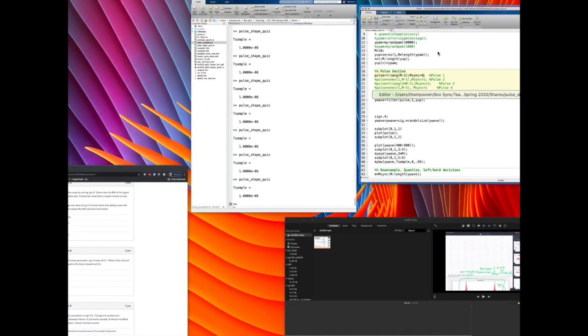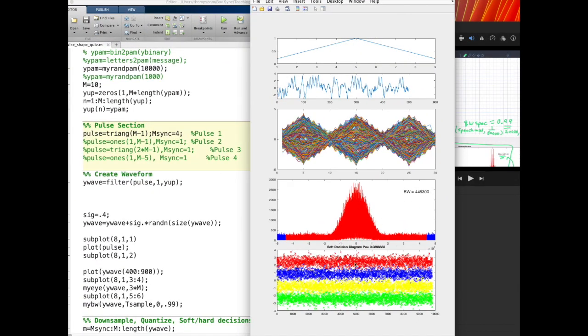So I hit run, and I look at the graph, and I see that this error comes up almost tenfold, 0.09. Okay, a 9-fold increase in probability of error by just having a one sample synchronization error. One sample instead of one symbol.